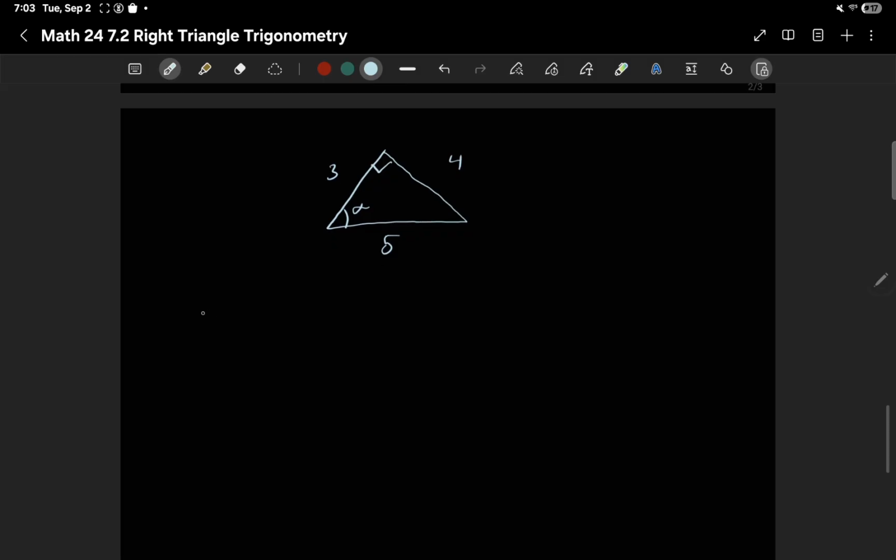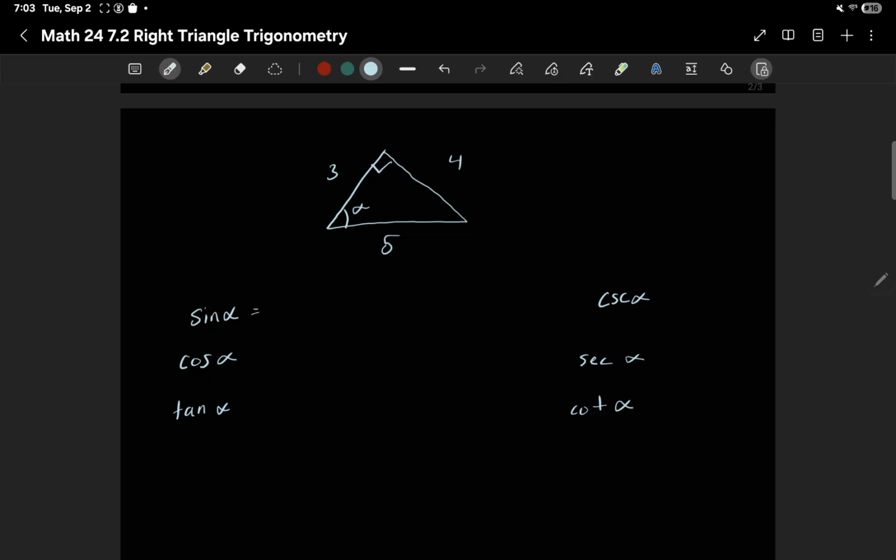And so what we're going to be looking for is all the trig functions. So sine of alpha, cosine of alpha, tangent of alpha. Then we're going to come over here, find cosecant of alpha, secant of alpha, and cotangent of alpha.